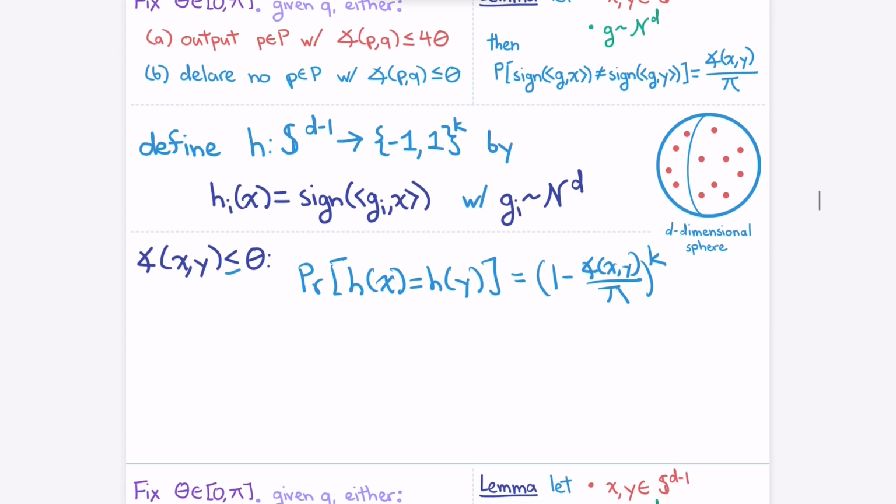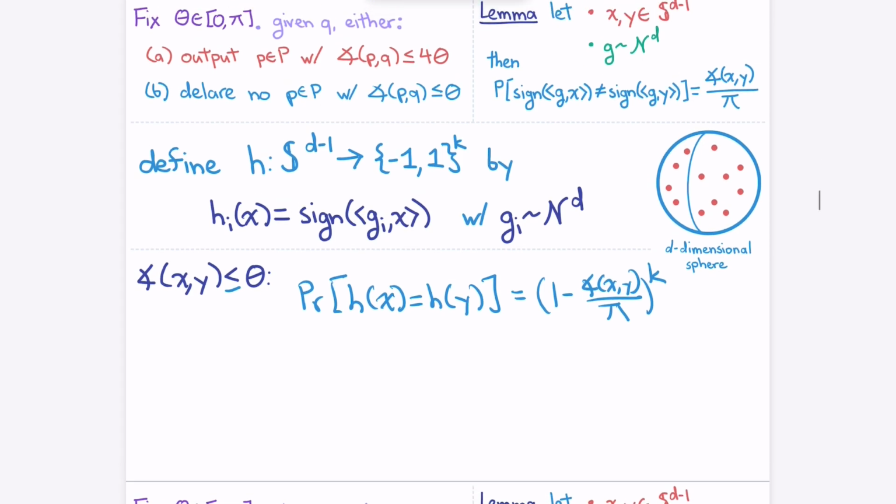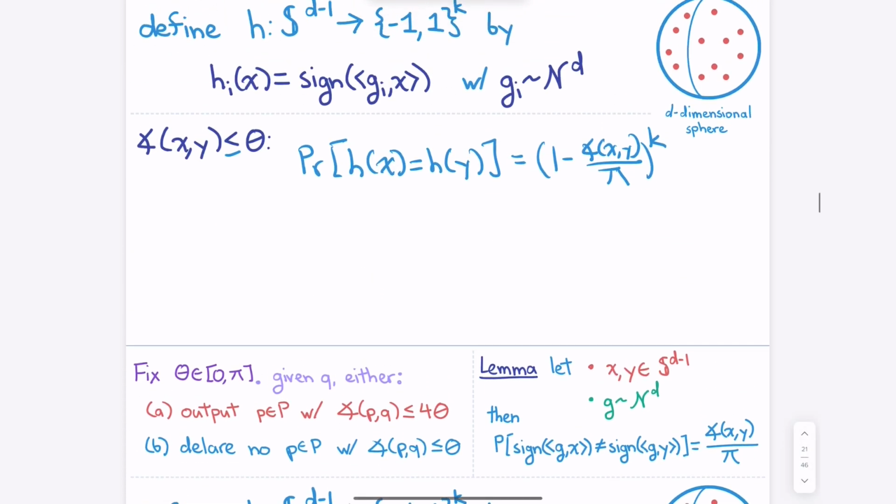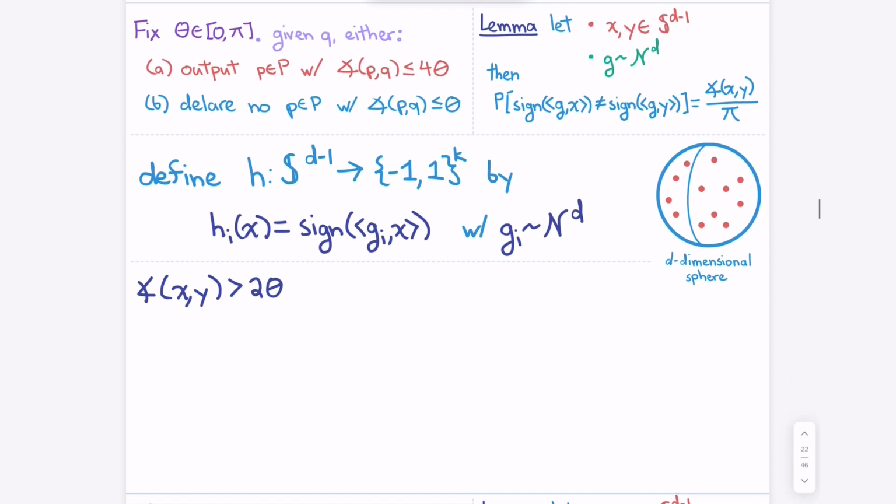Okay, so now consider the case, well, let me come back to it. And then what happens if the angle is greater than 2 theta? Well, it's going to be the same thing, right? So here I don't want them to collide.